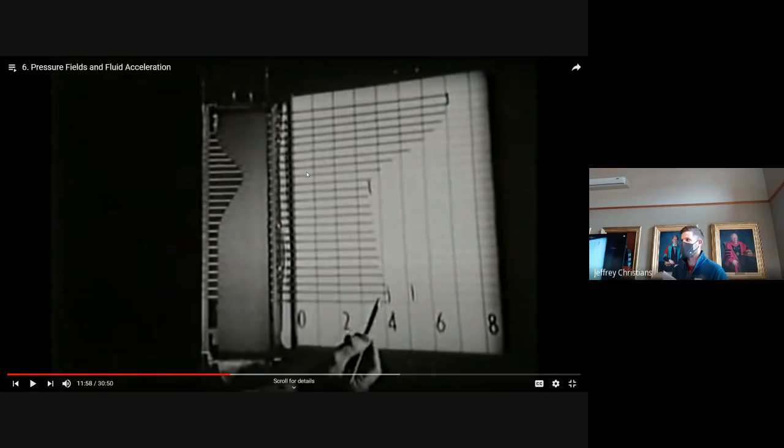Maybe you're happy with it, but a valve would be an extreme version of this, where it's a very abrupt contraction. So what would be happening with the pressure with an even more abrupt contraction?